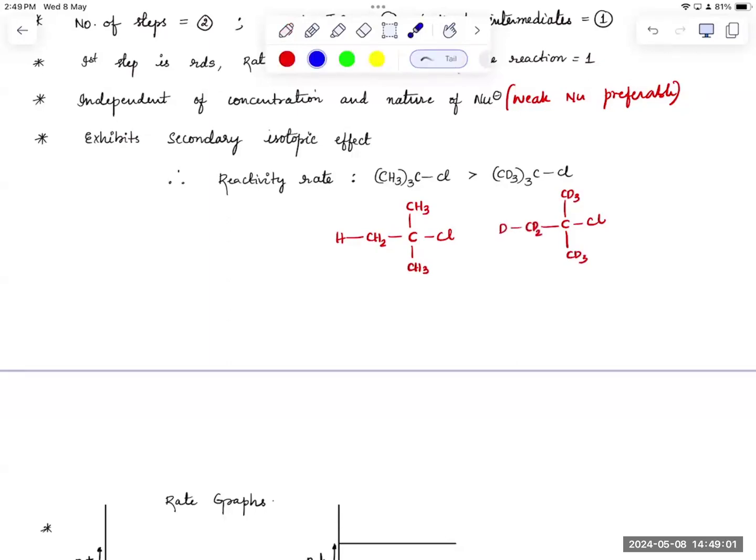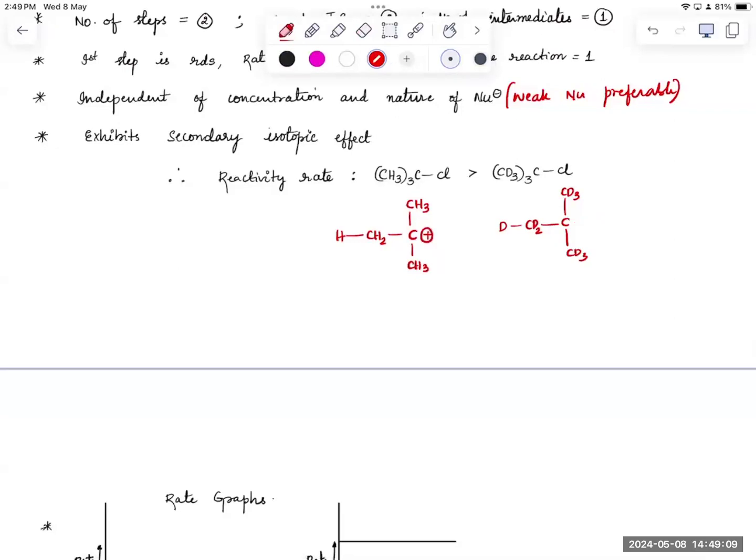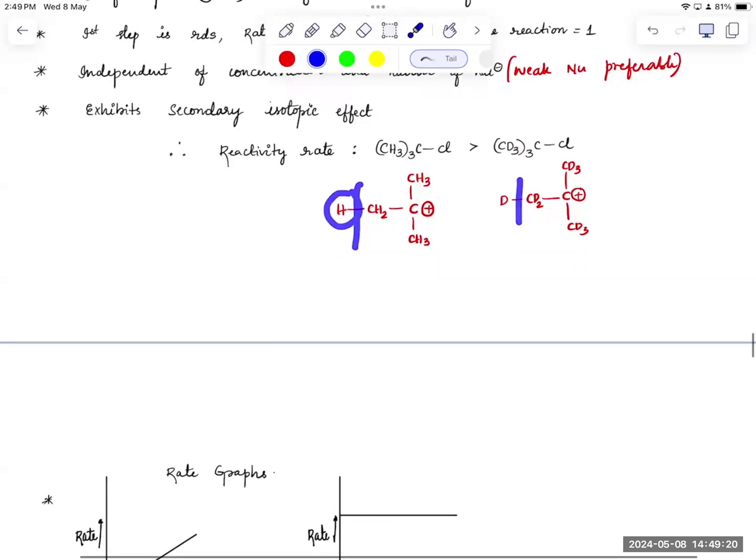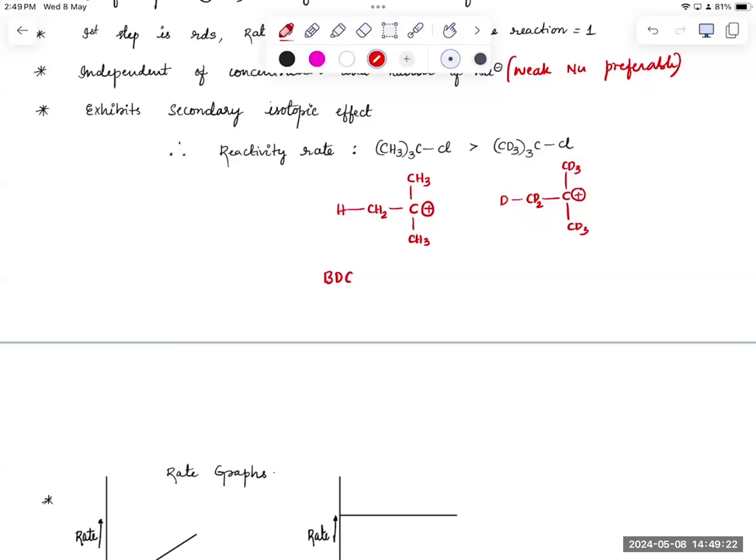Now, once it becomes a carbocation, this Cl will be removed and you'll get carbocations here, here, and here. This carbocation is stabilized by hyperconjugation. But for hyperconjugation, here we have to break hydrogen and here we have to break deuterium. You know that bond dissociation energy wise, the C-H bond is weaker compared to the C-D bond. The C-D bond is stronger, which means hyperconjugation is less in the second case.